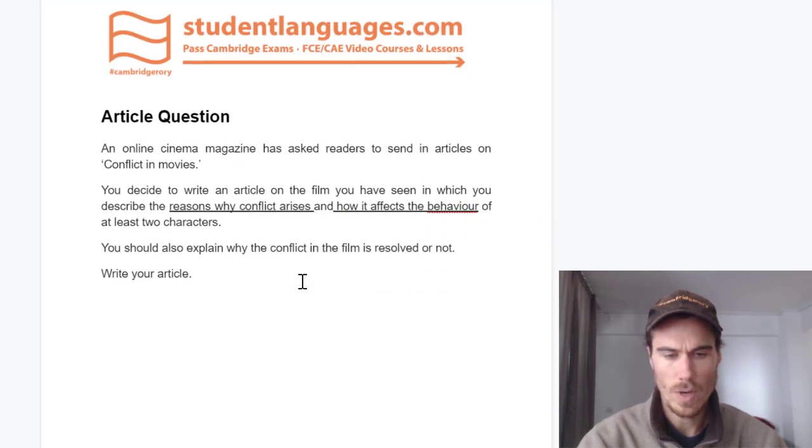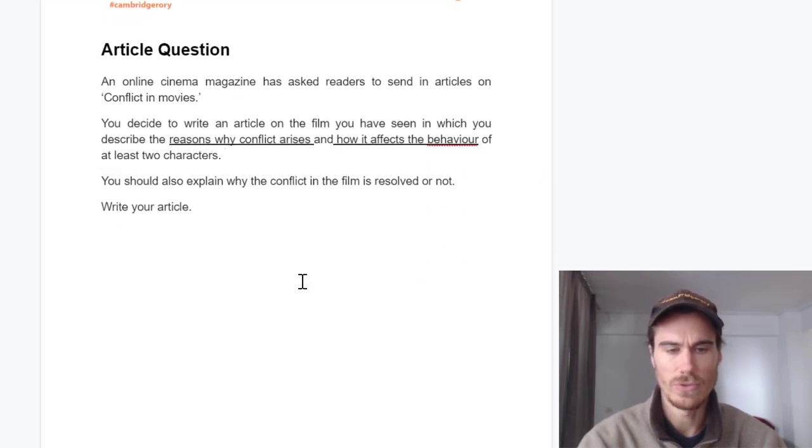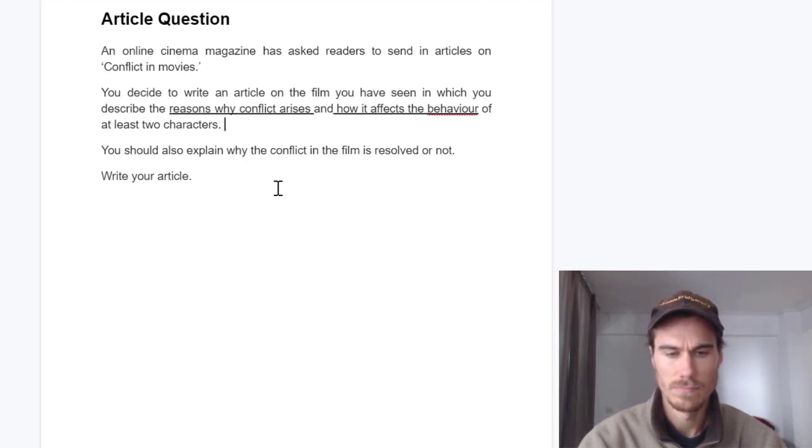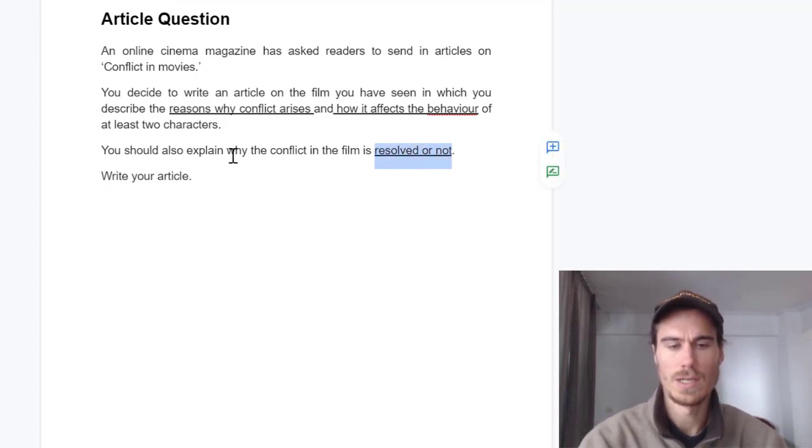You should also explain why the conflict in the film is resolved or not. I'm underlining the parts I think are most important.